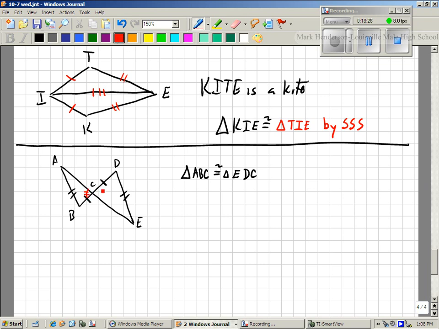We would say that these two are vertical angles, right? And we would say by side, side, angle. All right, but what did I just get done telling you? Side, side, angle is a pain in the angle, side, side, and so I do not have enough information.